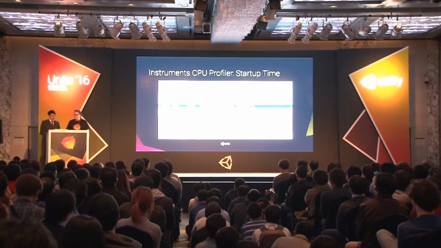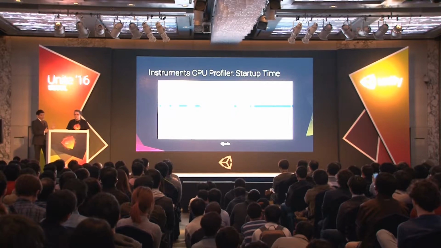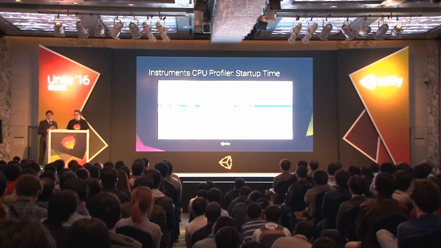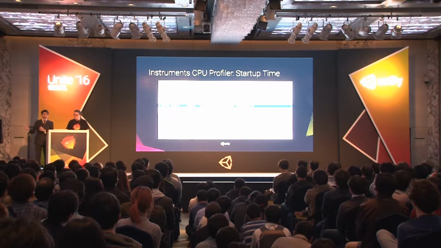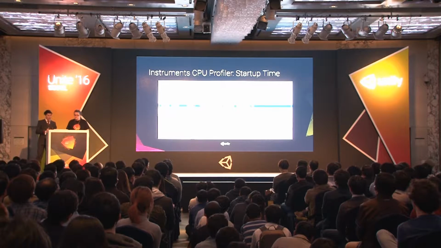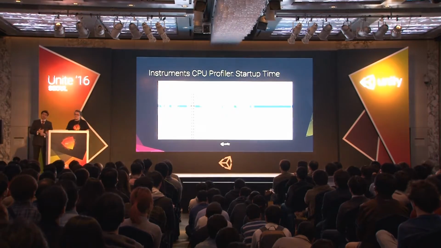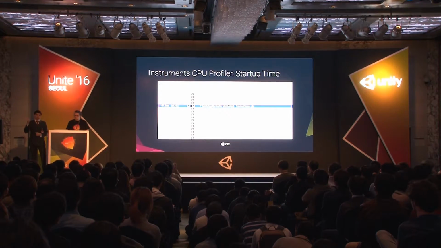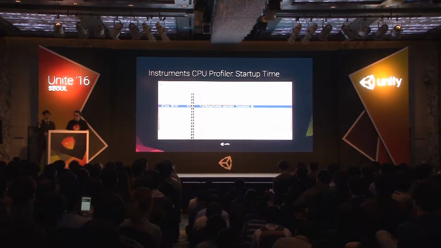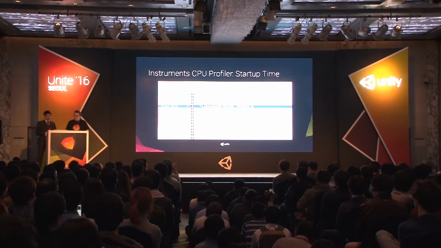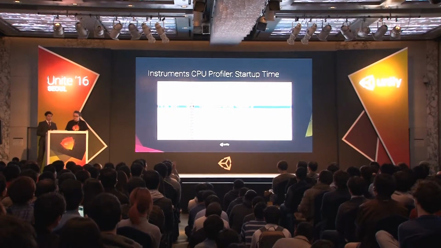Now, on this slide, I've highlighted a part of the call tree that's inside the Start Unity method. This method runs while the splash screen is visible. During this time, Unity is initializing its internal systems, but there's also two places where your project and your project's settings can affect the execution time.